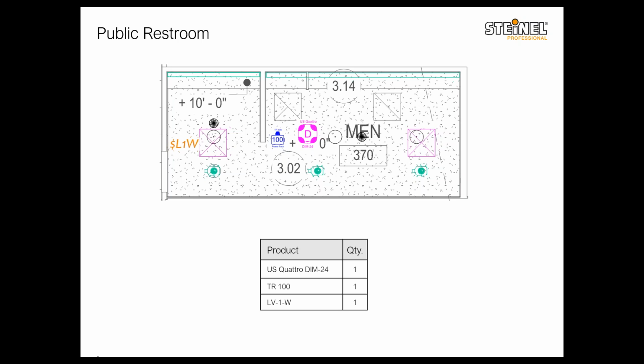Now you may run into an application where they need the exhaust fan to be controlled by true occupancy as well. And that's where, again, our TR200 power packs with their built-in timer come in handy. You can put another power pack in there and set it up so it will turn the exhaust fan on and off based on the occupancy.